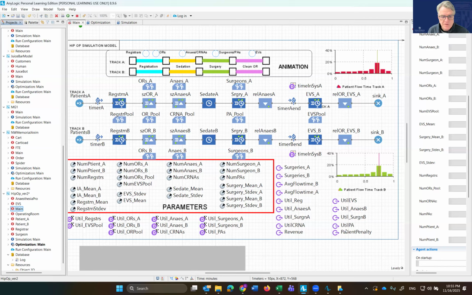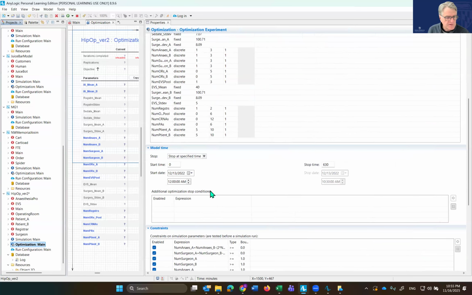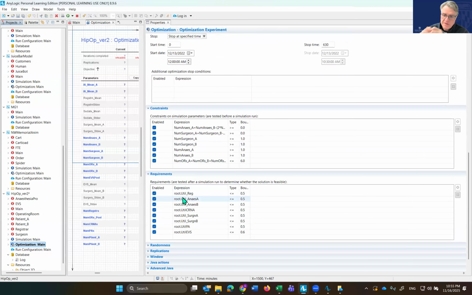In fact, the util PA would be the average utilization of PAs in that PA pool. All right, so hopefully we're referencing relevant numbers there. And this language here, root, just appeals exactly to those quantities that I've just shown you on the canvas.